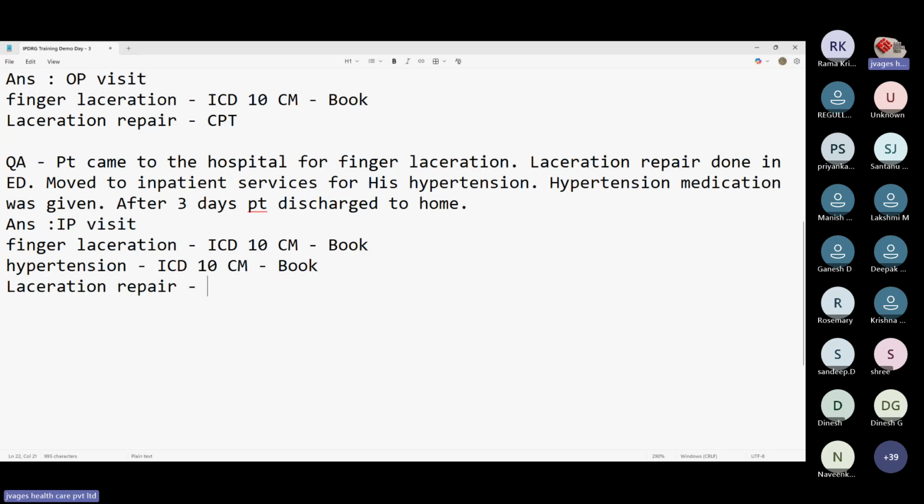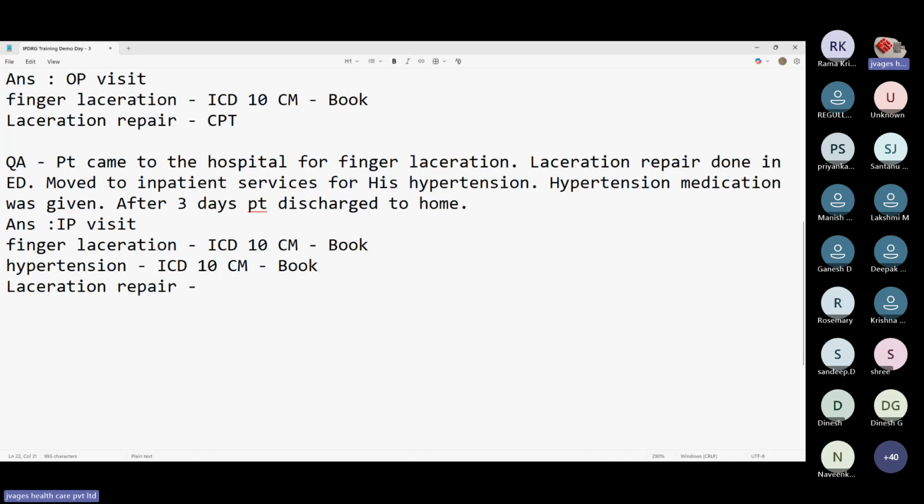Before going to enter the answer, I will give you one short scenario. Just understand that. One of the patients came to the hospital for an injury. The injury was treated. Surgery was performed. And later the physician found some issues in the heart valves, so the physician wants to admit the patient. The patient was admitted.